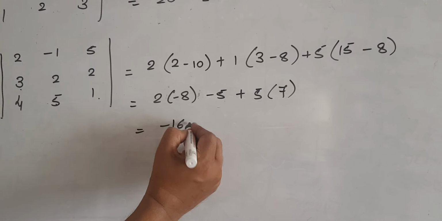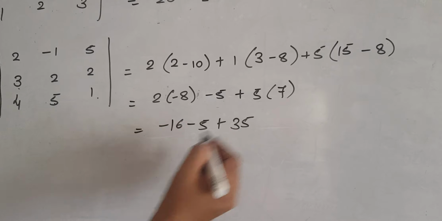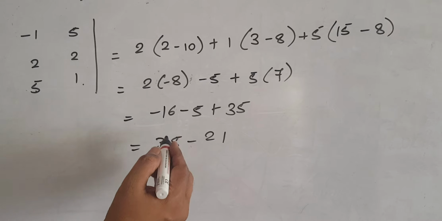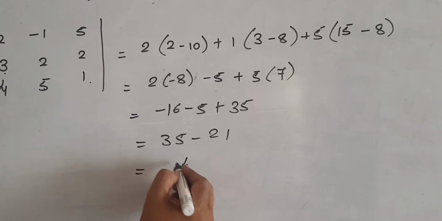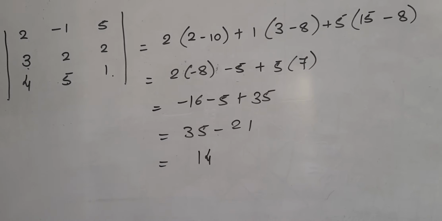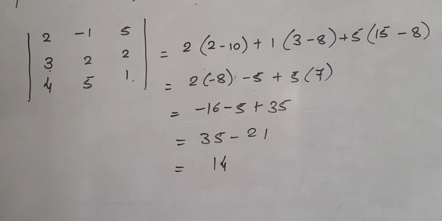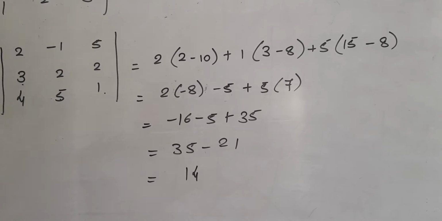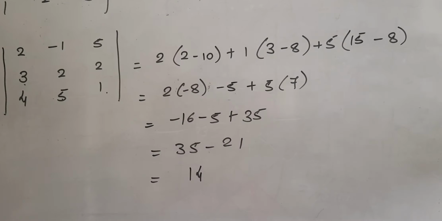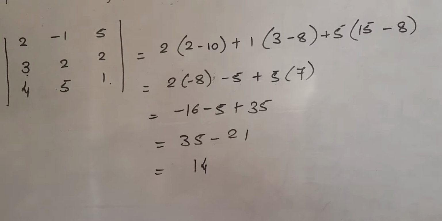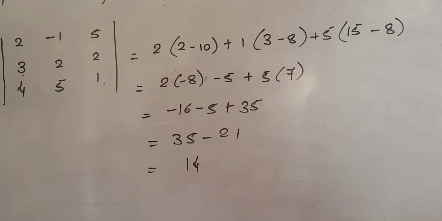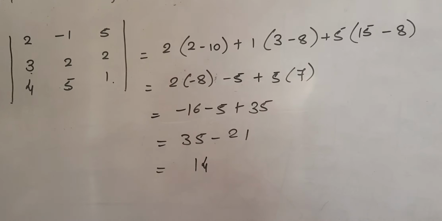So minus 16 minus 5 plus 35. So 35 minus 21. So this should be 14. Here also I think it is 16. This should be 64, sorry. That's why I got a problem. See, minus 64.